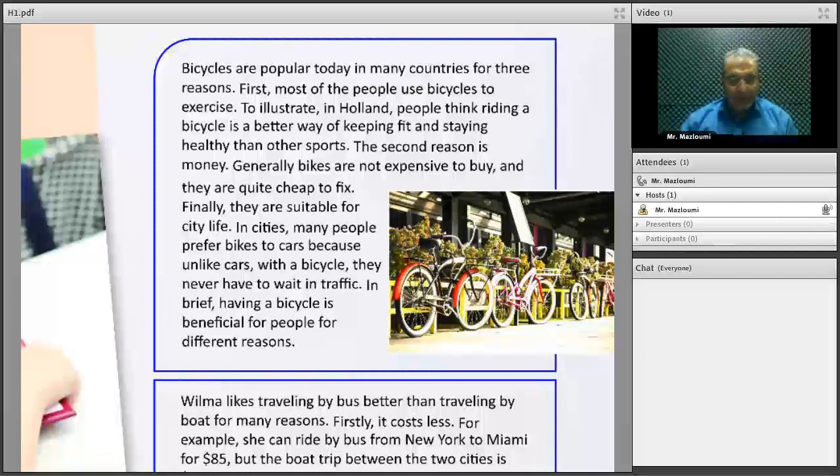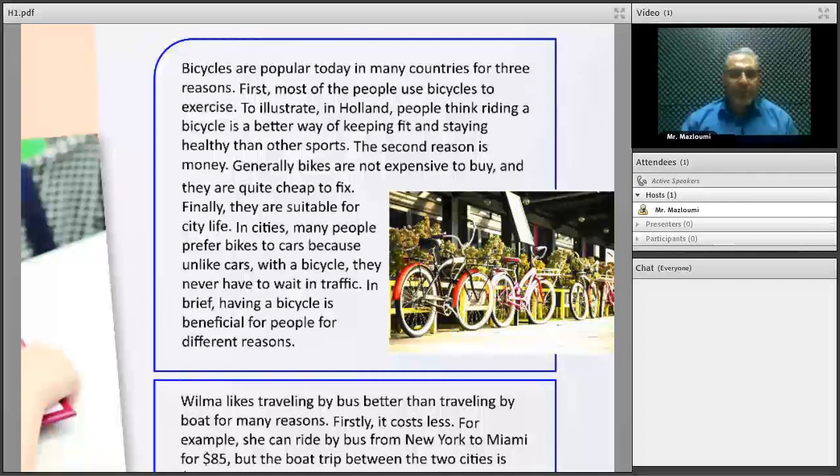They are good for city life. In cities, many people prefer bikes to cars. They like bikes better because, unlike cars, different from cars, with a bicycle, they never have to wait in traffic. This is our third supporting idea.